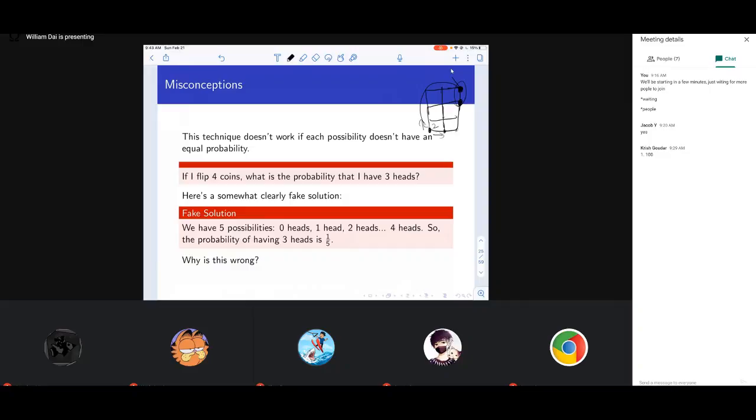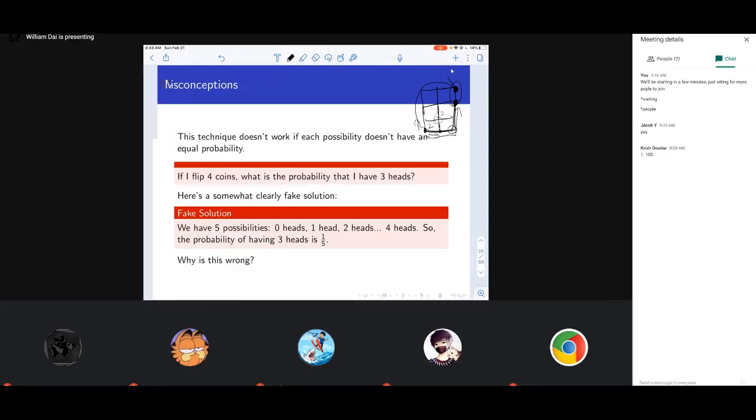Not every possibility is going to have an equal probability, because here the only thing you can do is go up, but on other spots you have two choices. Okay, that might not have been a good example, but that's something to keep in mind.